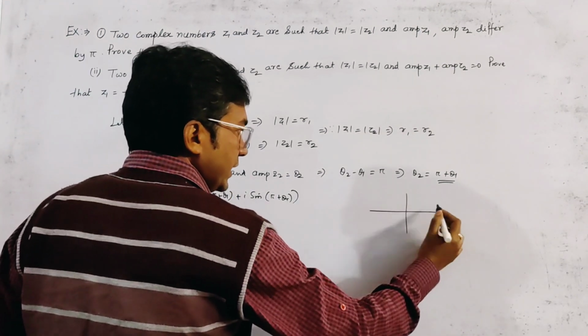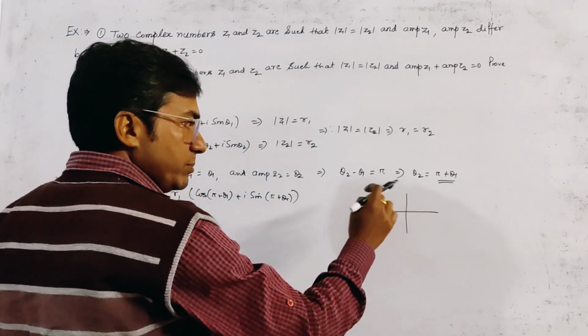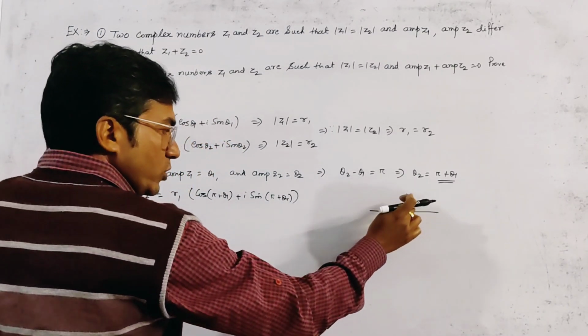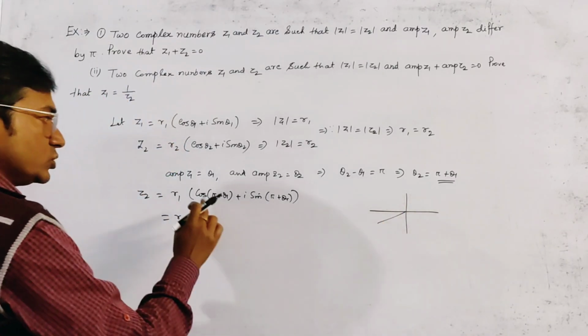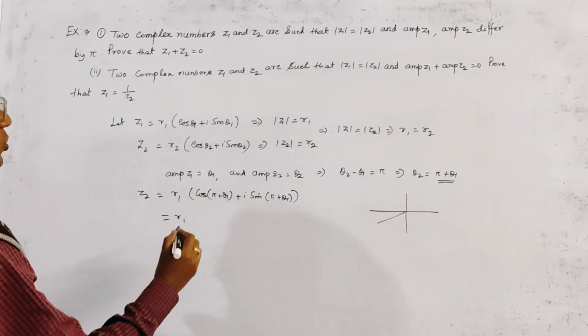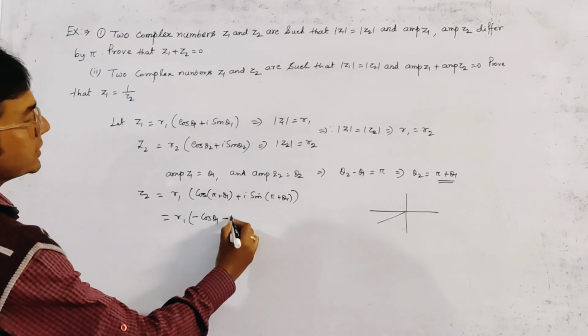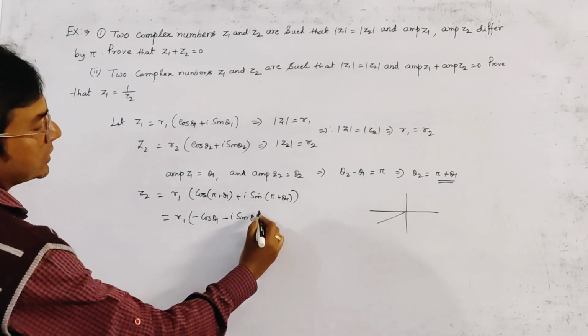This angle lies in the third quadrant, where only tan is positive, so sin and cos both are negative. So we get minus cos theta 1 minus I sin theta 1.